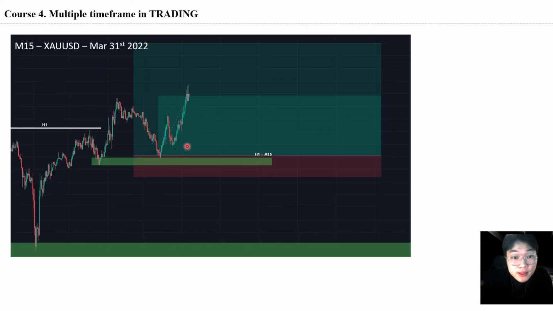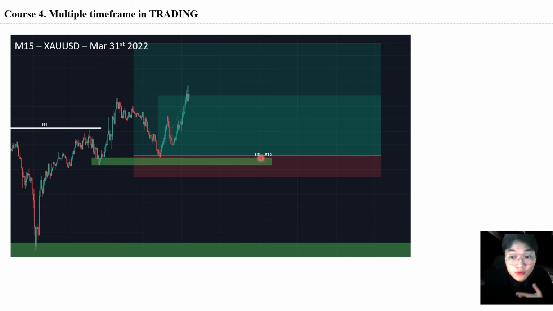Come into the 15 minute time frame. You can see that here is the strongest buying zone of the 1 hour time frame, also in the 15 minute time frame. Therefore, the 4 hour is in an up movement, the 1 hour is in an up movement too, and in the 15 minute time frame, the pullback wave also finishes. Therefore, you can set an entry right into the strongest buying zone of the 15 minute time frame.